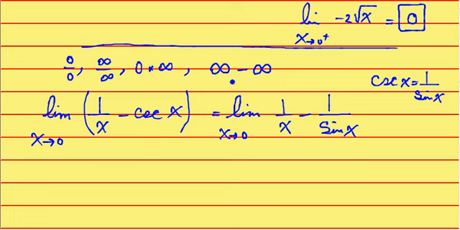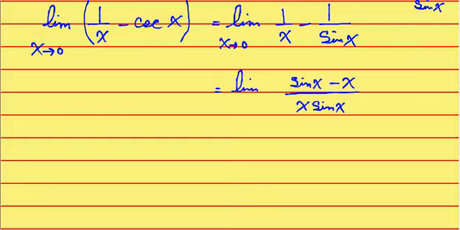Okay, what do we do? We have to convert this to one of these forms. Here is an easy conversion. Just take a common denominator. This is going to be x sine of x, and the numerator is sine of x minus x.